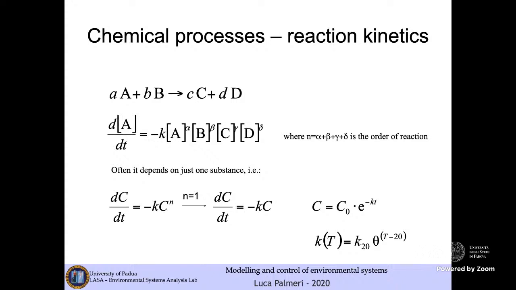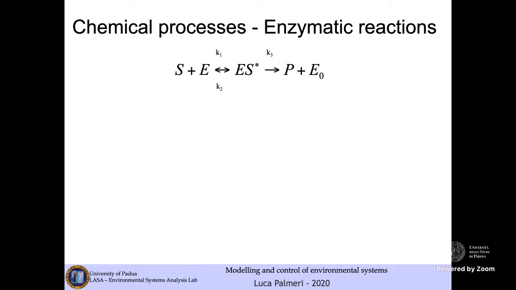but now I am particularly fond of going into a little more detail on some very particular chemical reactions, chemical processes, the so-called enzymatic reactions. Enzymatic reactions are of particular relevance for biological systems because 99% of the chemical reactions that happen in biochemistry are enzymatic reactions.